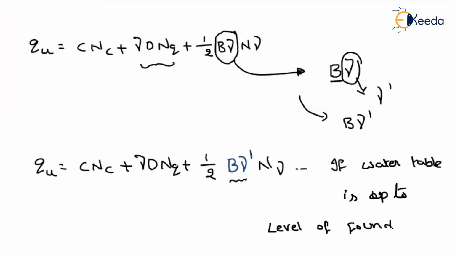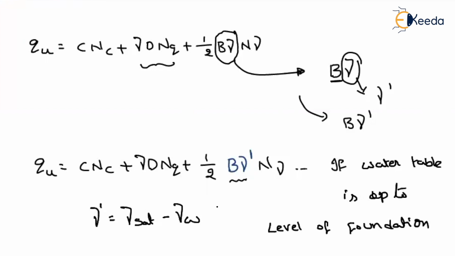If the water table is up to the level of foundation, as up to the complete width or depth B your soil is under submerged condition, you have to take B into gamma dash. Gamma dash is nothing but the submerged unit weight. How will we find the submerged unit weight? That will be the saturated unit weight minus the unit weight of water.